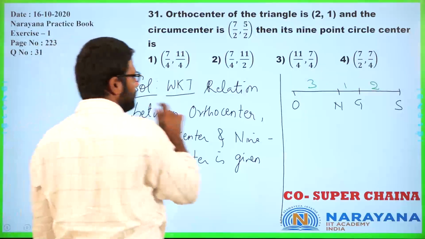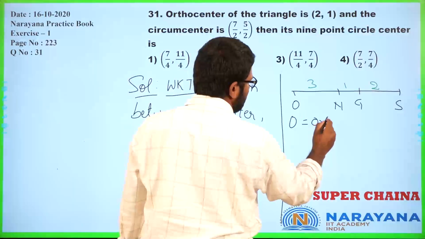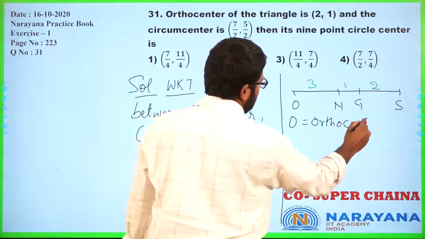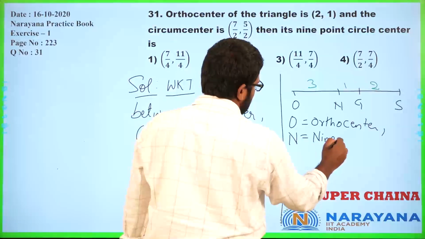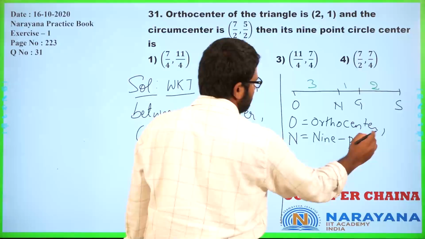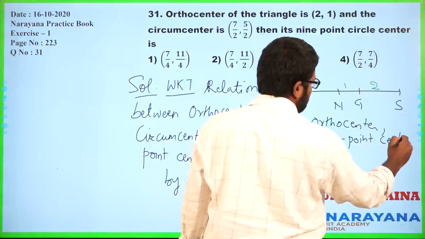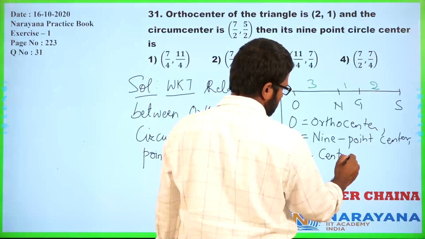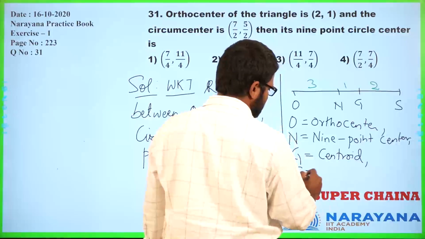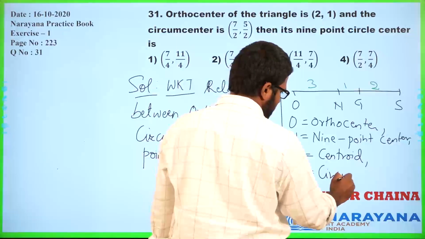Here O is orthocenter, N 9-point center, G centroid, and S circumcenter.